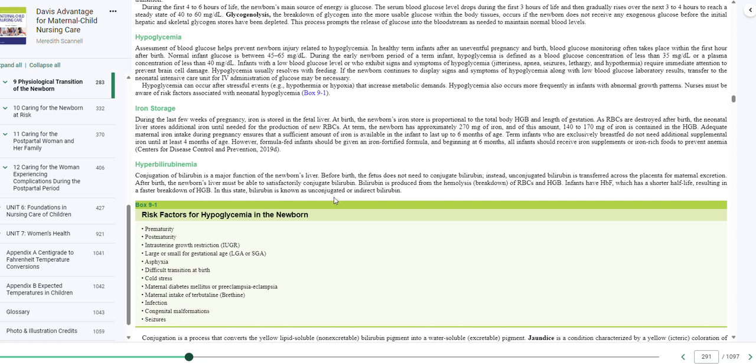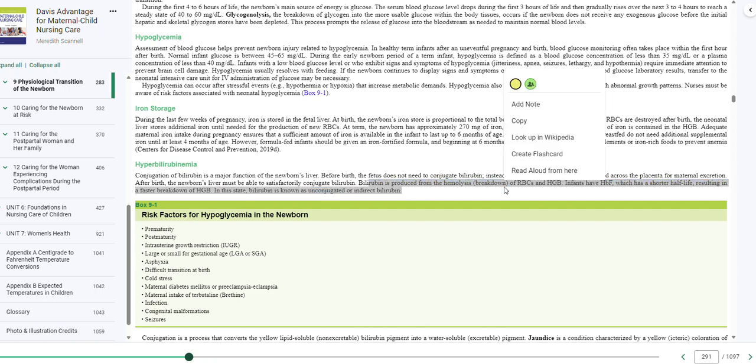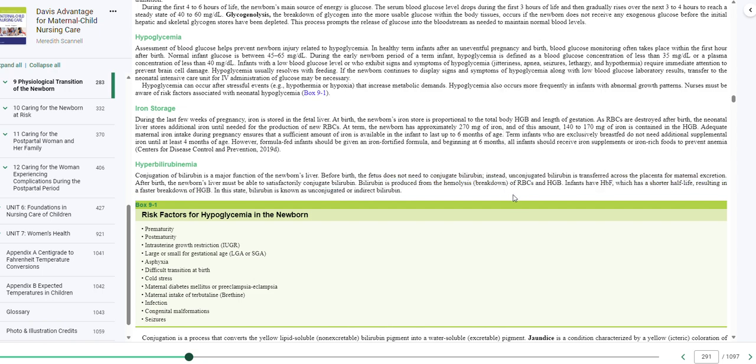I want you to look at the term hemolysis, okay? Bilirubin is produced from hemolysis, which is the breakdown of red blood cells and hemoglobin, okay? HbF has a shorter half-life. It's the fetal hemoglobin, okay?